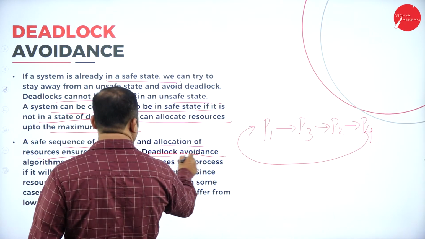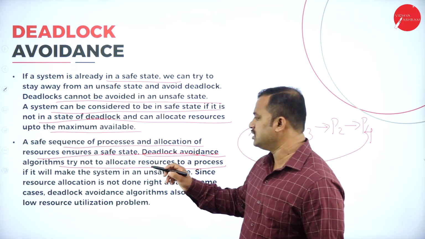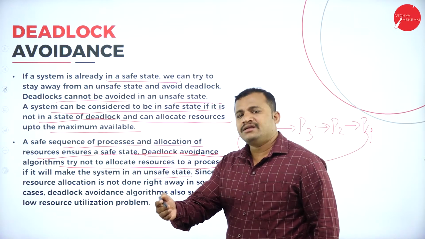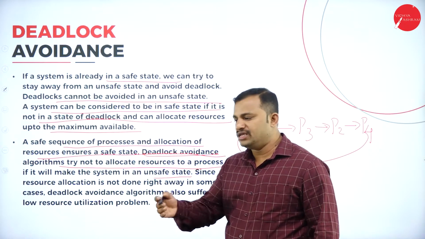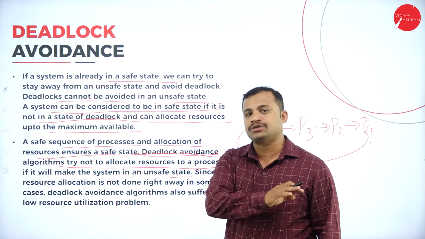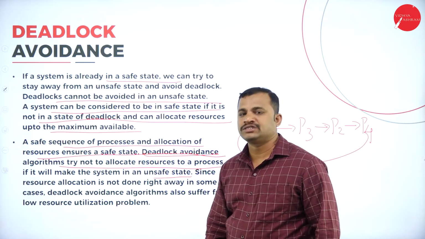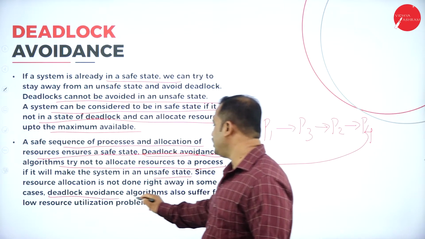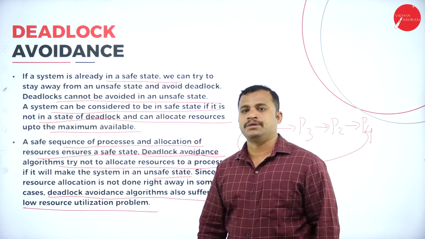Then, deadlock avoidance algorithms try not to allocate resources to a process if it will put the system in an unsafe state. Whenever we grant resources to a particular process, and if there is a lack of resources for another process, that leads to an unsafe state of the system. So in order to avoid such a thing, the deadlock avoidance algorithm also suffers from a low resource utilization problem.